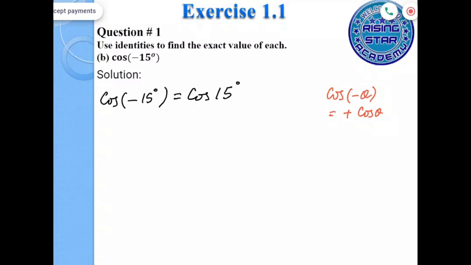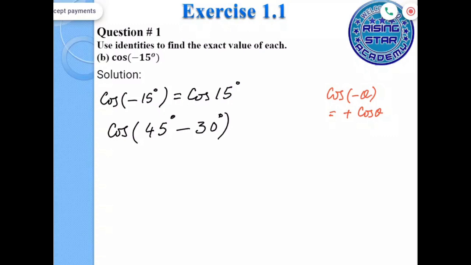Now I told you we have to write it according to the multiples of 30, 45, 60 and 90. So now instead of addition we will write it as a subtraction, like 45 degree minus 30 degree, that would be equal to 15 degree.